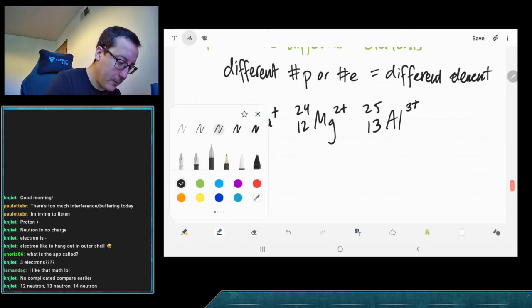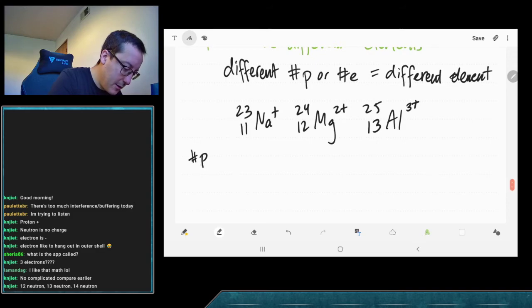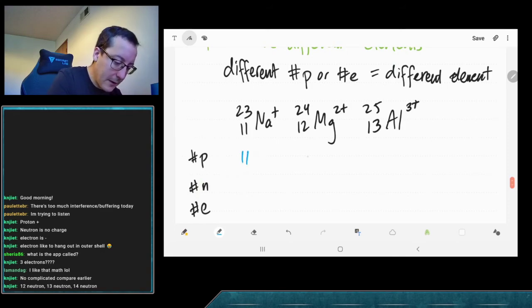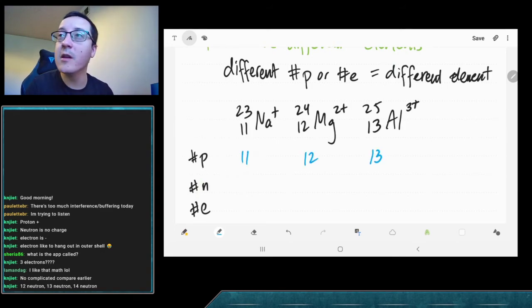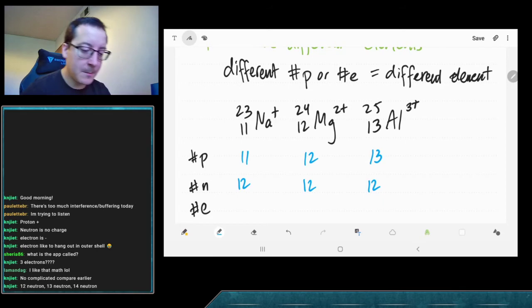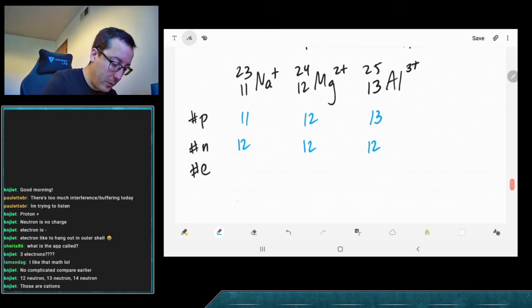So, protons, neutrons, electrons. Again, proton's the easiest one to do. It's already there for us. I haven't changed the mass numbers, so they're still going to just all be 12. And now we have to look at the electrons. We have a positive charge on that sodium, so we know that charge was protons minus electrons, right?